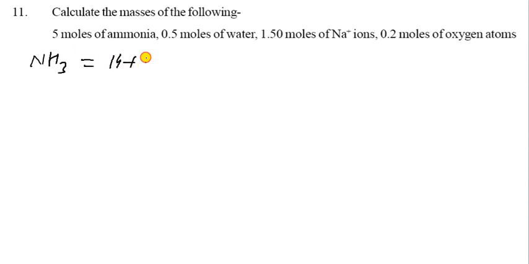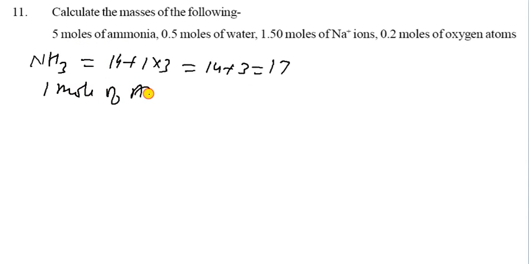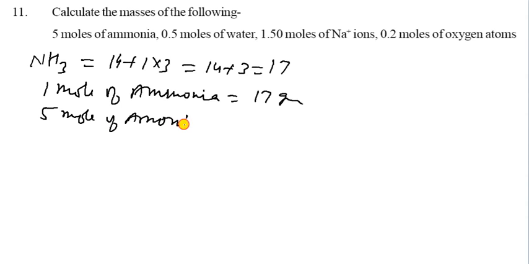Ammonia molecular mass is N 14 plus H 1 into 3, so it is 14 plus 3, so we get 17. 1 mole of ammonia is equal to 17 gram, so 5 mole of ammonia will be 17 into 5, so it will be 85 grams. So that one is your answer.